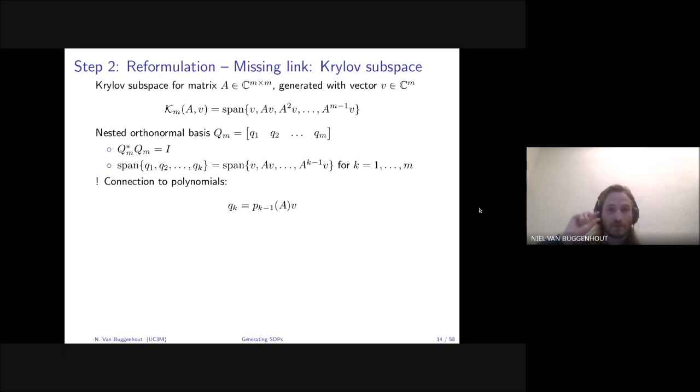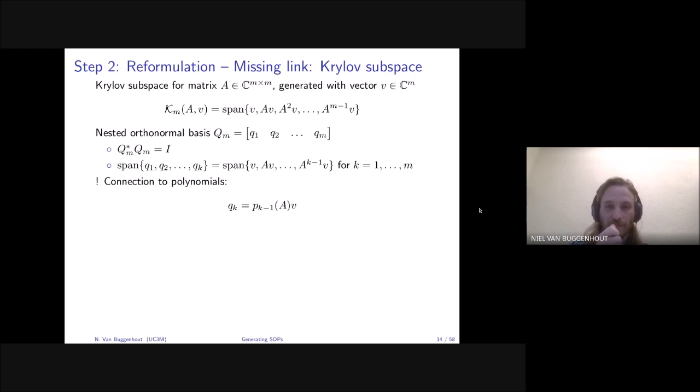All right, the missing link to connect the orthogonal polynomials to our matrix problem is filled by Krylov subspaces. This is the definition of the Krylov subspace, which you see above. A Krylov subspace for a matrix A generated with a vector V is this thing right here.